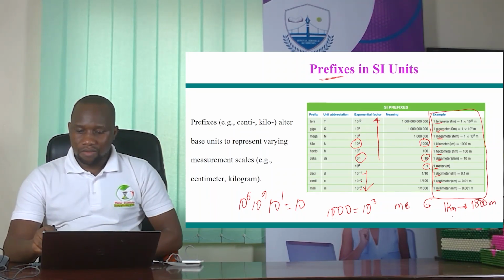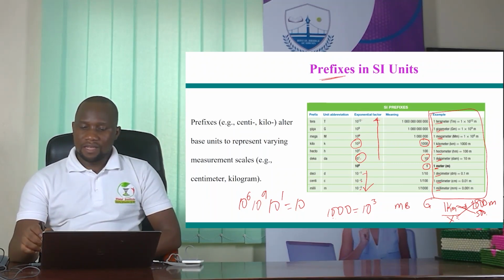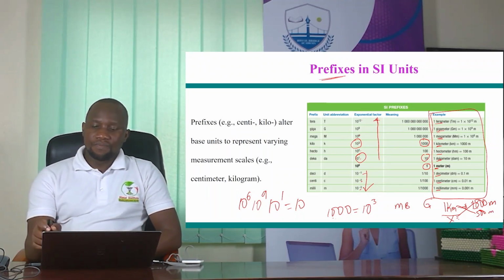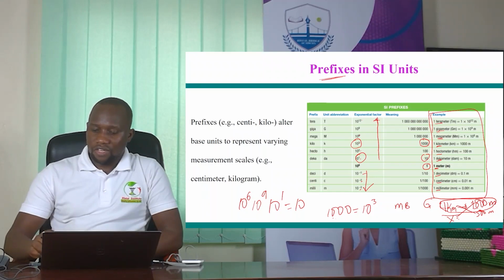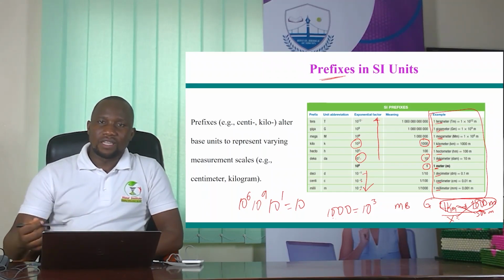If you're looking for how many kilometers are in 500 meters, you do cross multiplication: 500 divided by 1,000. You'll get the kilometers that are in 500 meters. This is what we call the conversion factor, and you can always get that from that table.